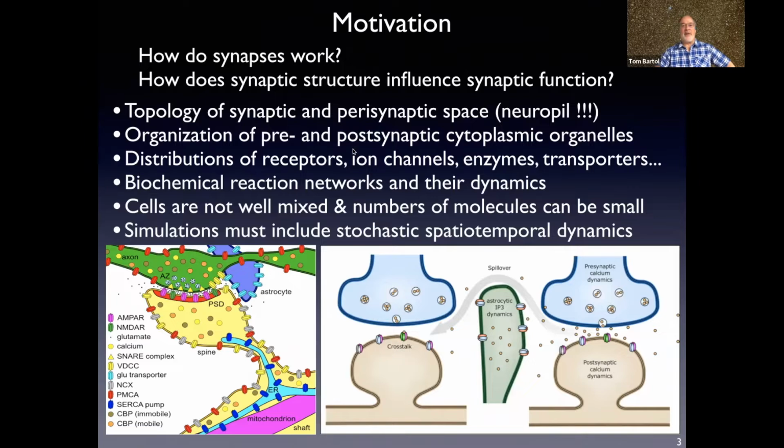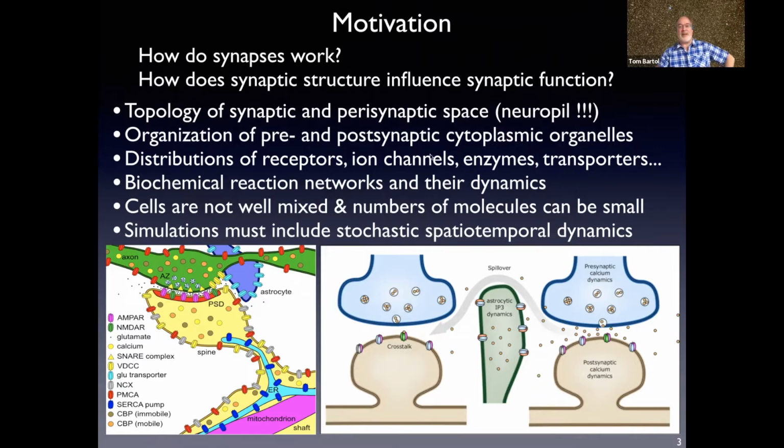So the motivation behind the original development of MCell was within my research group and my colleagues and my mentors over the years. How do synapses work and how does synaptic structure influence synaptic function?